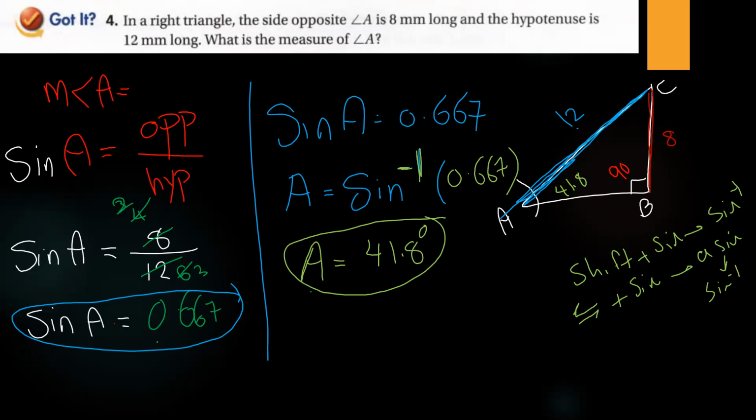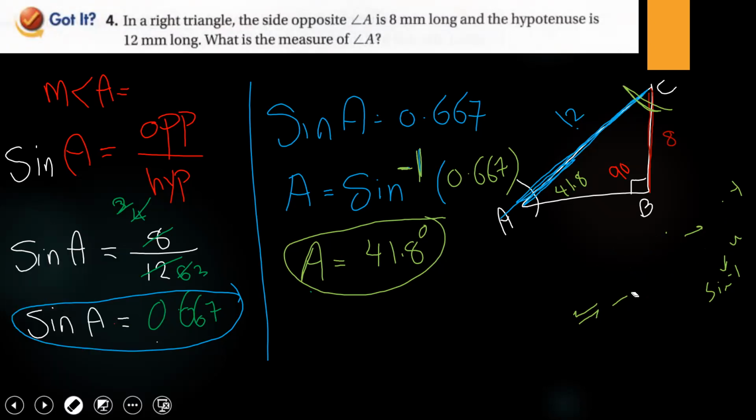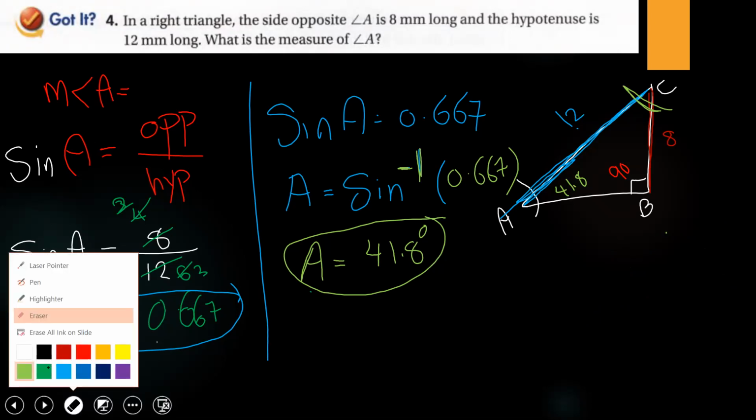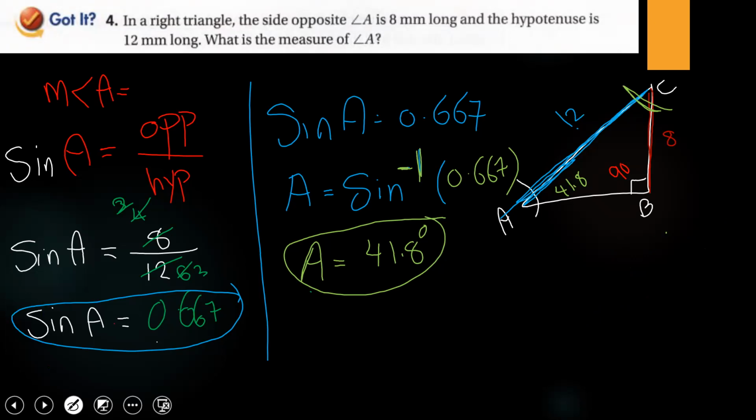Yeah. So in this one here, I found that the measure of angle A is 41.8. Now, after that, I need to find the measure of angle C. How? Add all the angles. Yes, bravo. Add all the angles, it's 180. So let's say that the measure of angle A plus the measure of angle B plus the measure of angle C is 180.